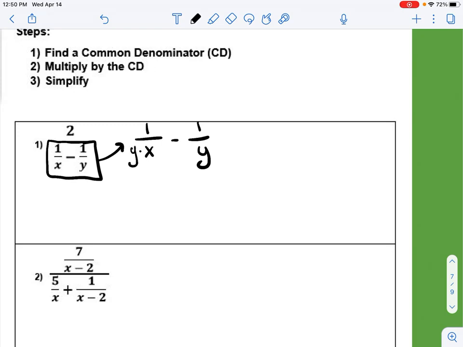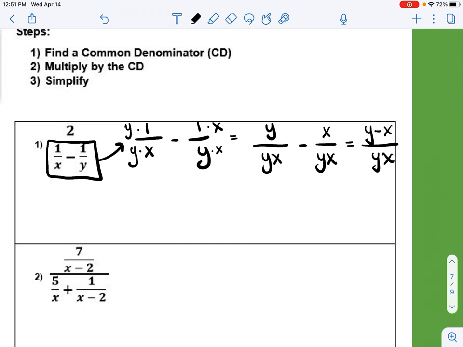So in this case, my common denominator is going to be me multiplying each fraction by the opposite fraction's denominator. So I end up getting, so y times 1 and x times 1 is just 1, so I end up getting y over yx minus x over yx, which is the same thing as y minus x over yx.